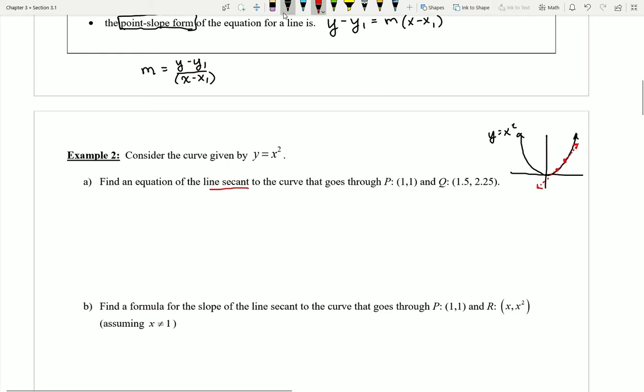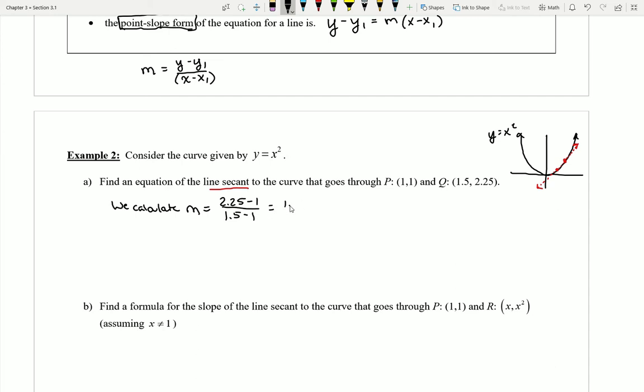We know that if I wanted to use point slope form to create the equation of the line, I would need a slope, and I already have 2 points. I got more points than I need. So let's just go ahead and calculate slope. So first I'll say that our slope is going to be the y value minus the other y value, over x minus the other x value.